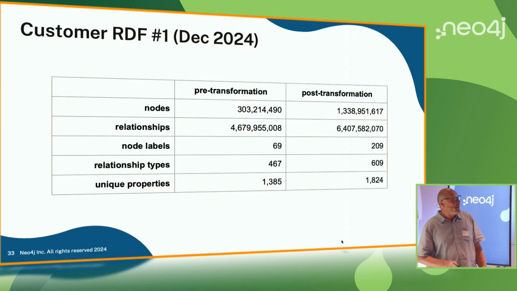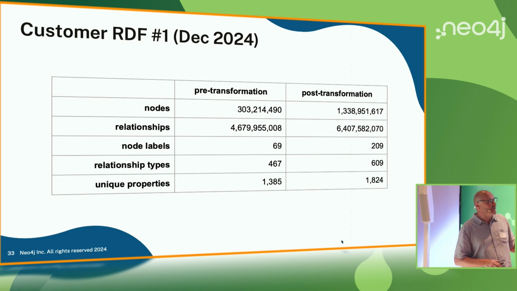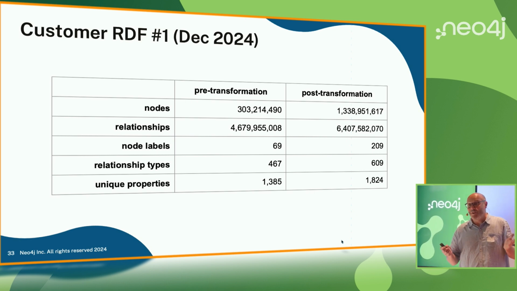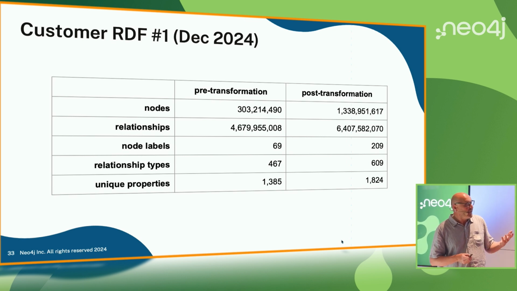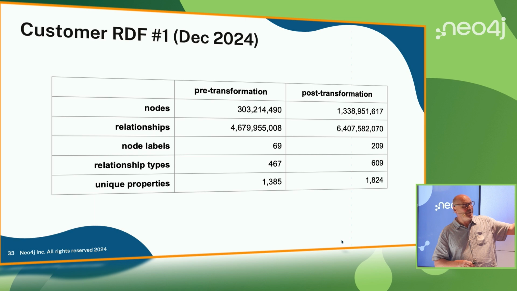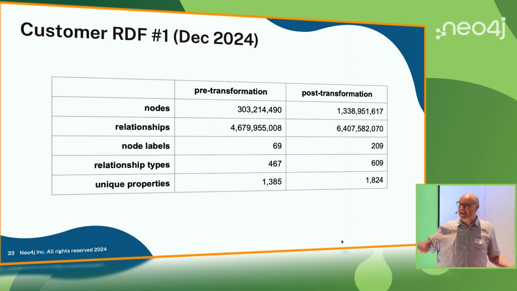The outcome from that, back in December last year, was that we were able to import this 1.5 terabytes of RDF data, and build 4.6 billion relationships, which turned into 6.4 billion relationships when we expanded everything out.